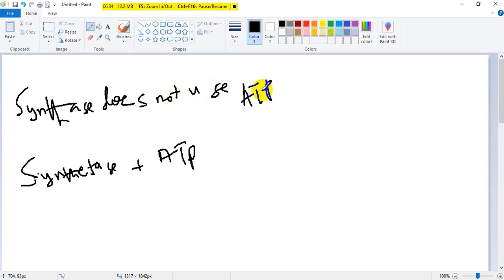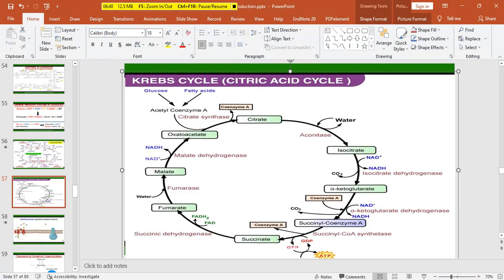So there are two enzymes. The synthetase uses ATP to synthesize or produce a product or catalyze a reaction, but the synthase does not use ATP. So mark the difference. Note the difference.